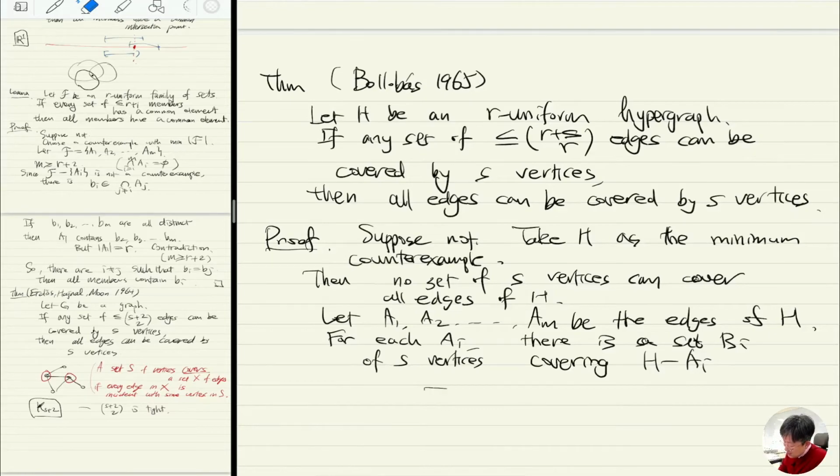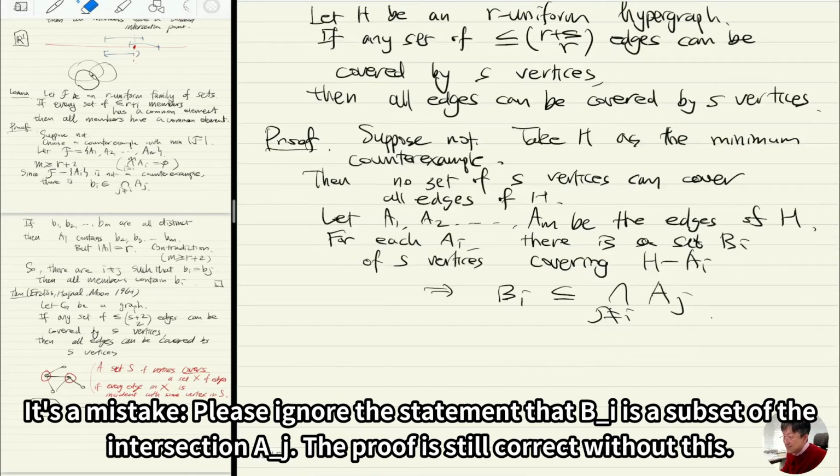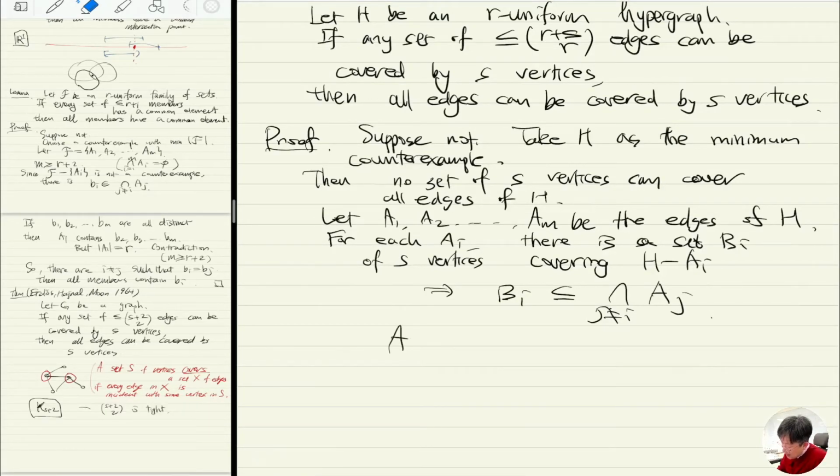right? So in other words, this Bi belongs to the intersection of Aj, where j is different from i. Now, Ai intersection Bi, what is that? This has to be empty, because otherwise H is no longer a counterexample.